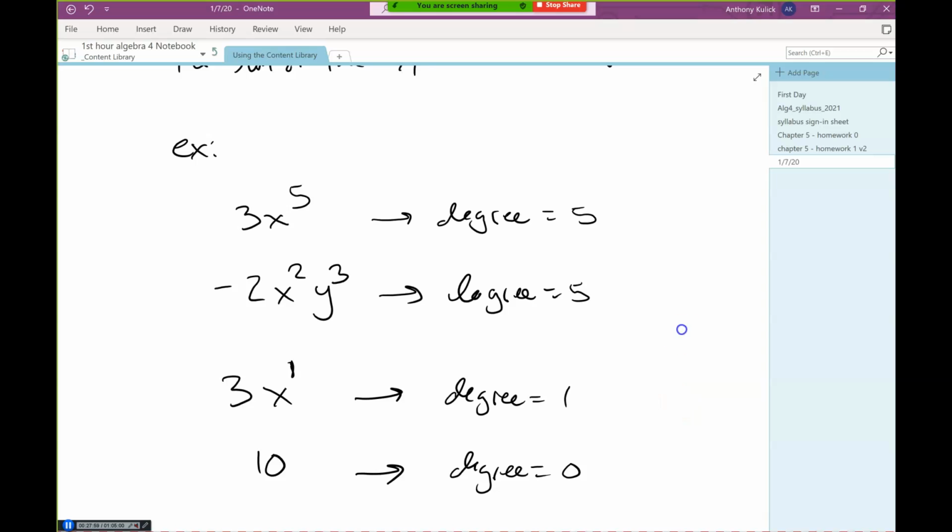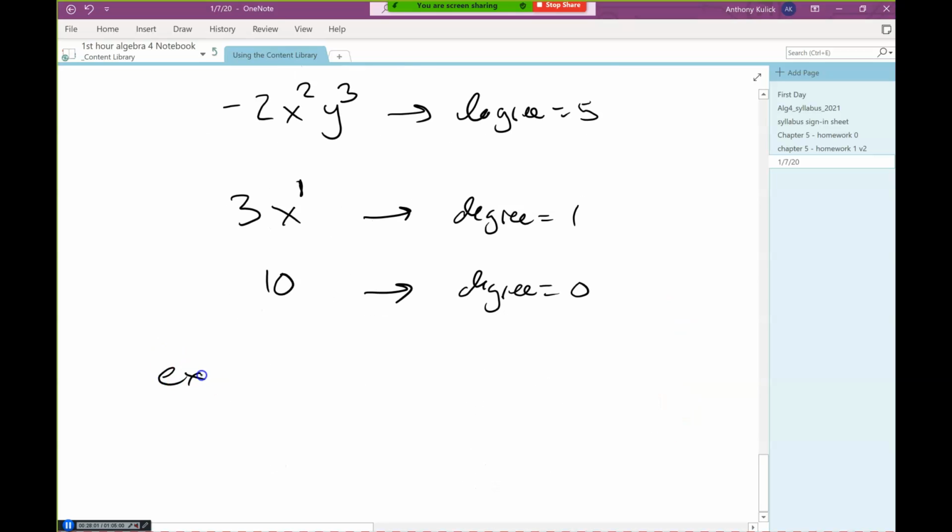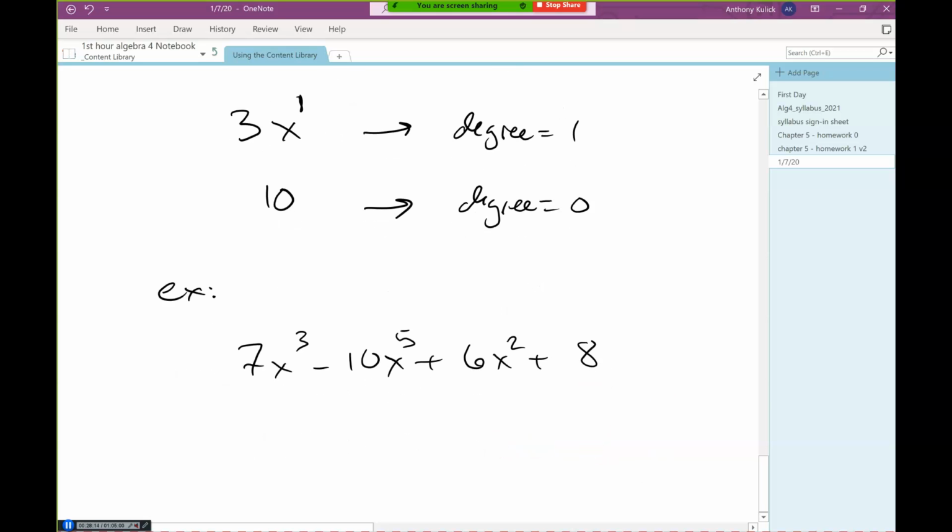Okay. So to do a polynomial then, we'll look at the degree of each individual monomial.